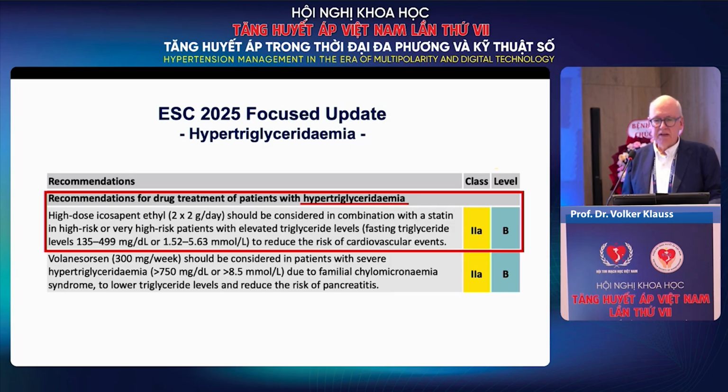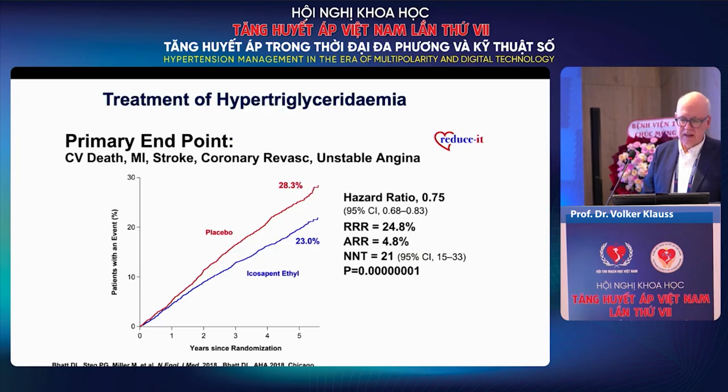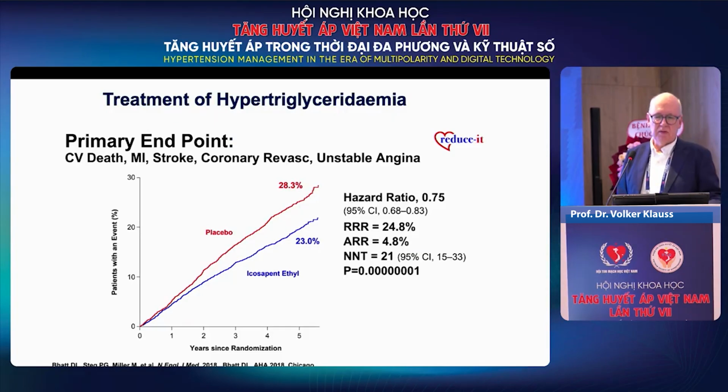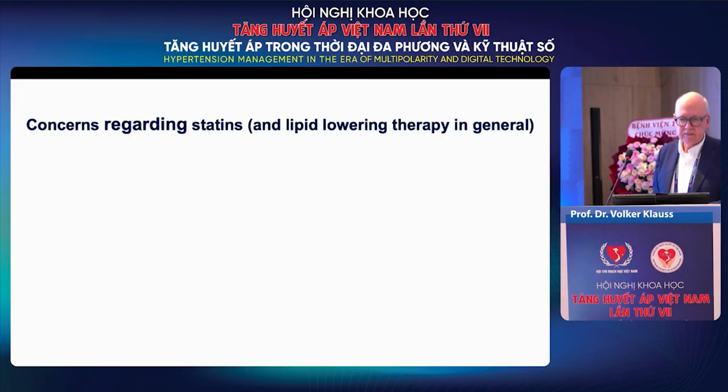And this data comes from the REDUCE-IT trial published many years ago, showing that over 5 years with this compound, we could reduce the endpoints by an absolute 5%. We had it for 1 or 2 years in Germany, but it's not available in our country anymore.